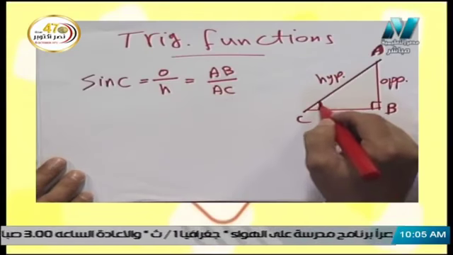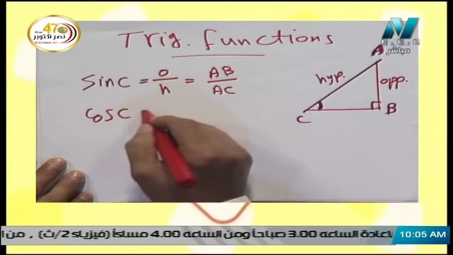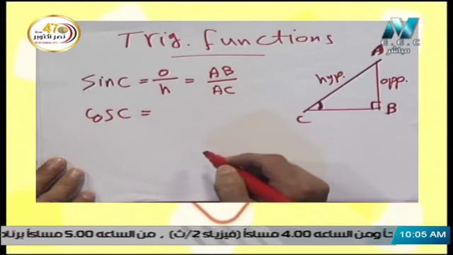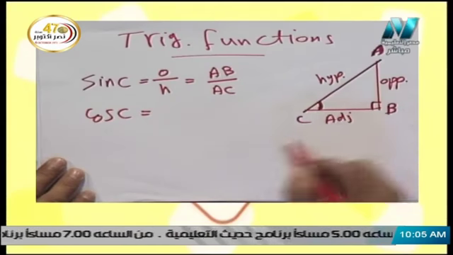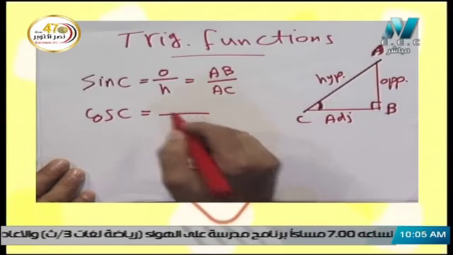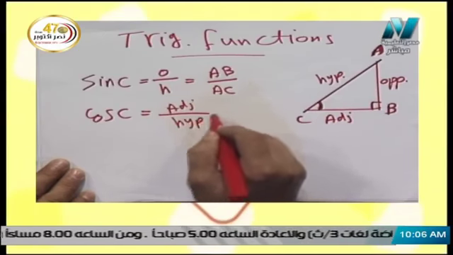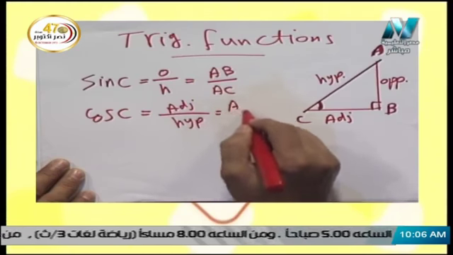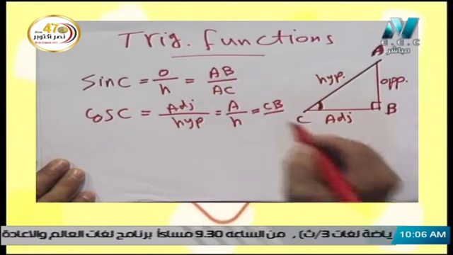The same angle C, we can write cosine of the angle C. Cosine angle C equals adjacent side over hypotenuse side, adjacent over hypotenuse, which is CB over AC.